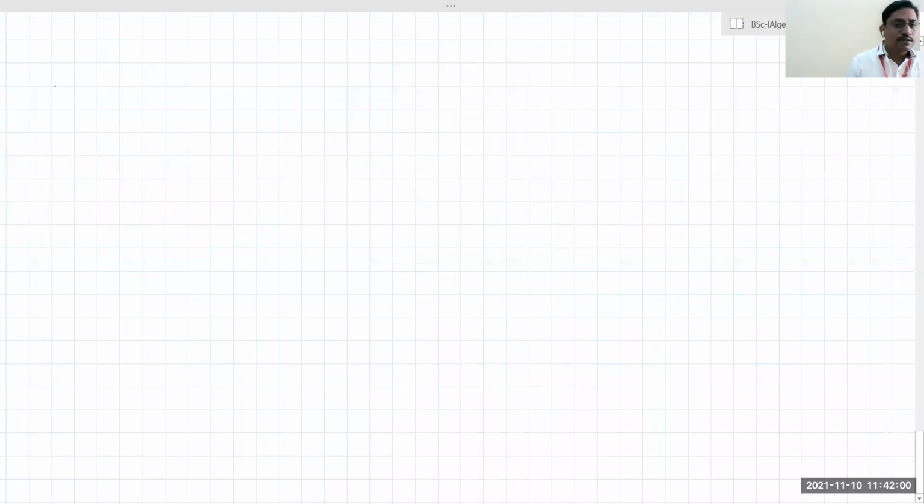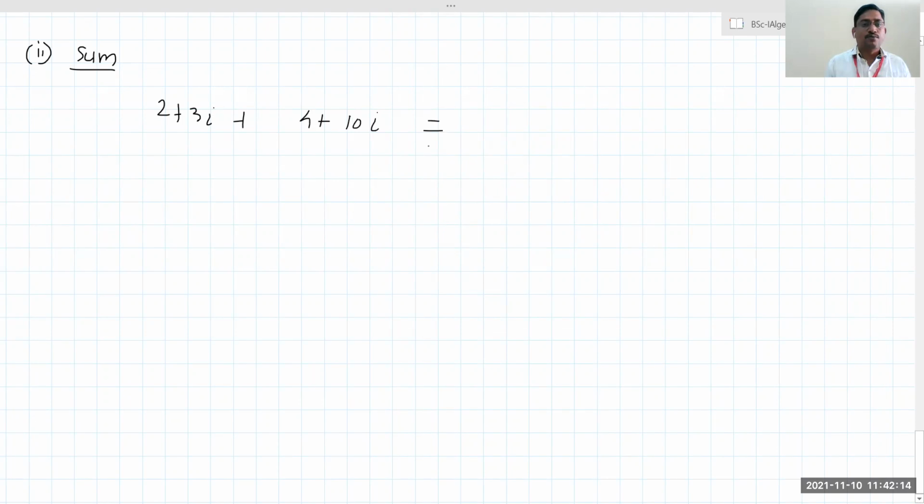Then I have to define the sum. Okay, I will write 2 plus 3i and 4 plus 10i. What is the addition of these two numbers? This is one number and this is another number. How to add? 6 plus 13i. You are adding component-wise. So I should define it like this.